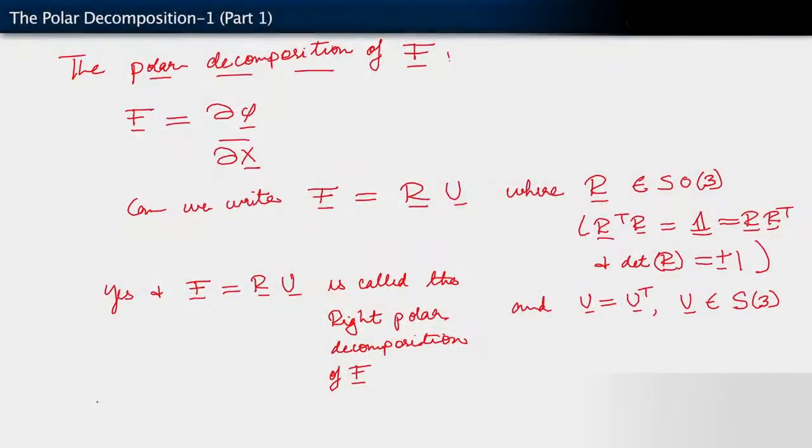We've decided that U is symmetric, okay? So if U is symmetric, we have the following, right? Since U belongs to S3, which means U is symmetric, what this implies is that from the standard eigenvalue decomposition of U, the eigenvectors of U can be made orthonormal, and that the eigenvalues are real. Okay? So let's write that.